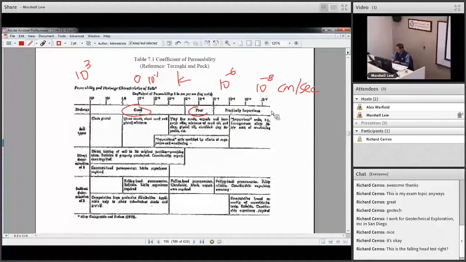And he discovered what's now known as Darcy's law, expressed in this equation, where little q is the flow per unit rate of time.